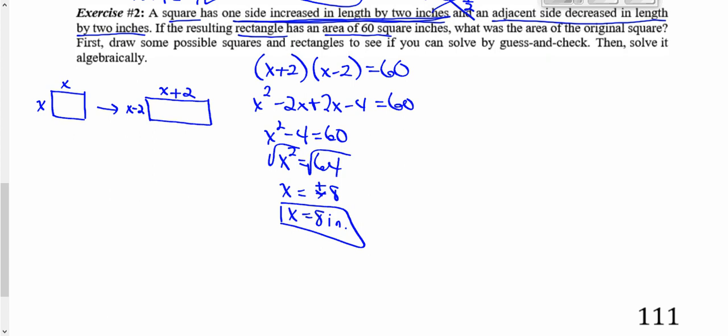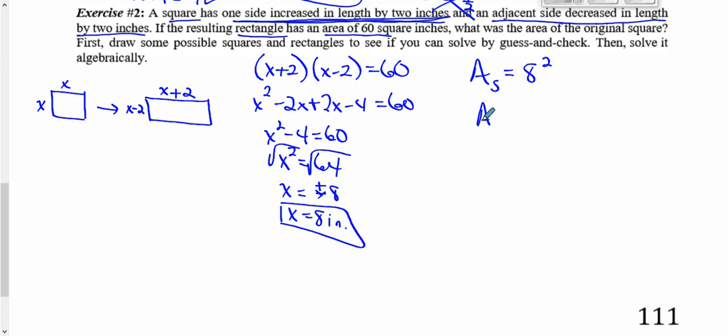All right, did we answer the question? Why don't you actually determine what the question is? What's the area of the original square? So the area of the square equals what? 8 times 8, or 8 squared.